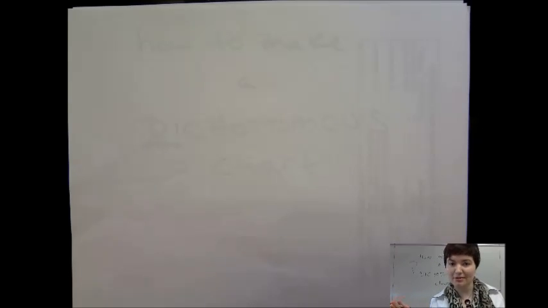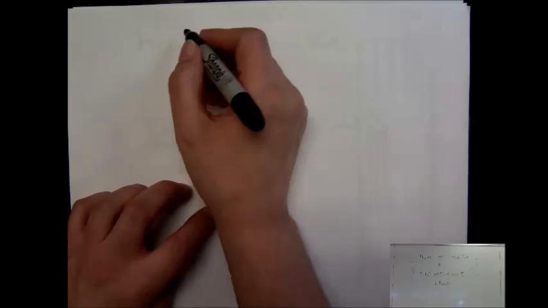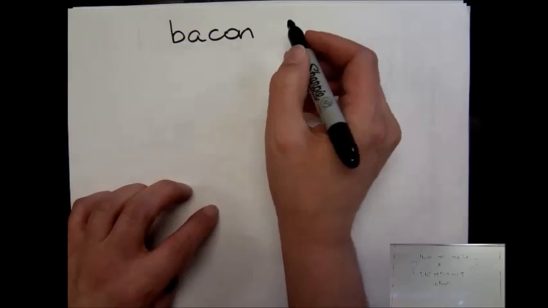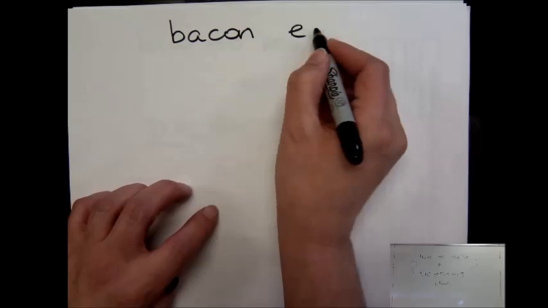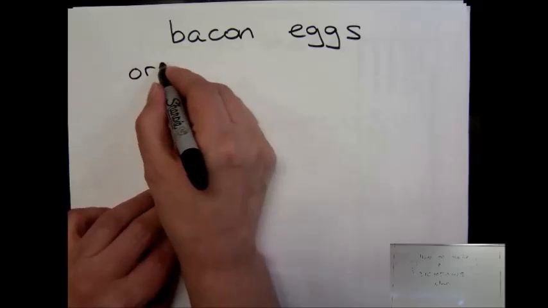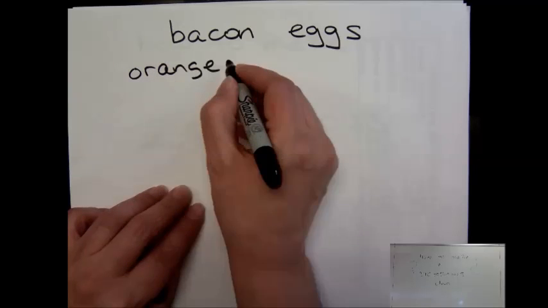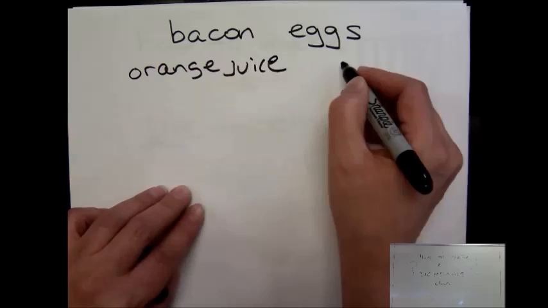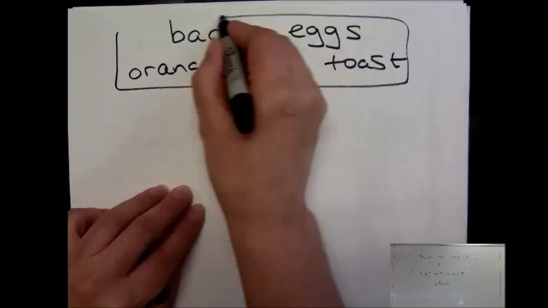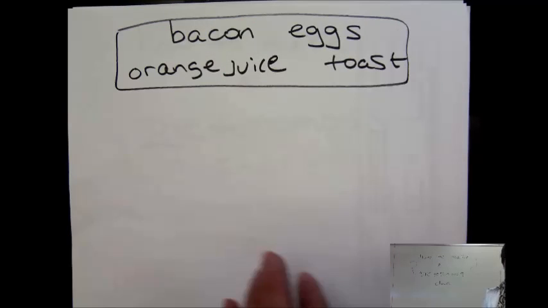So I list the things that are available to me and I try to decide. I could have bacon. I could have eggs. Maybe there's orange juice in my fridge. Or there's some toast. Okay? Those are all my options.